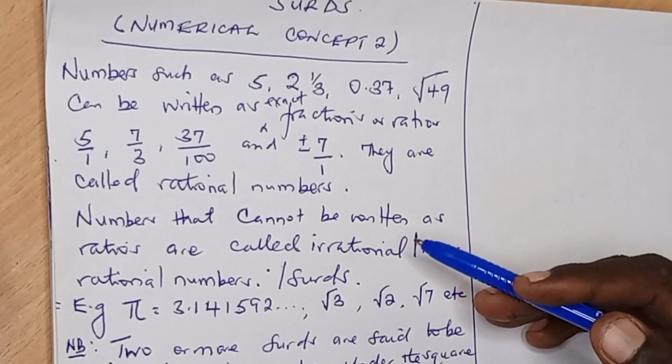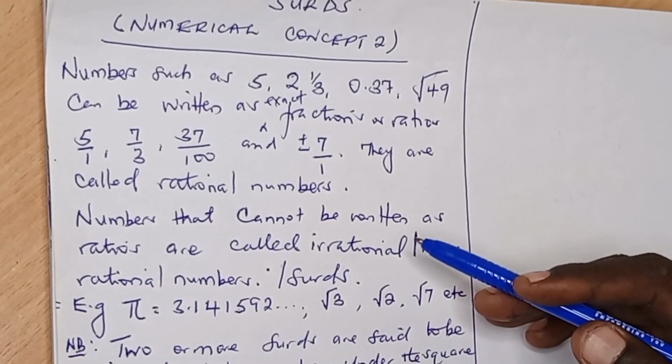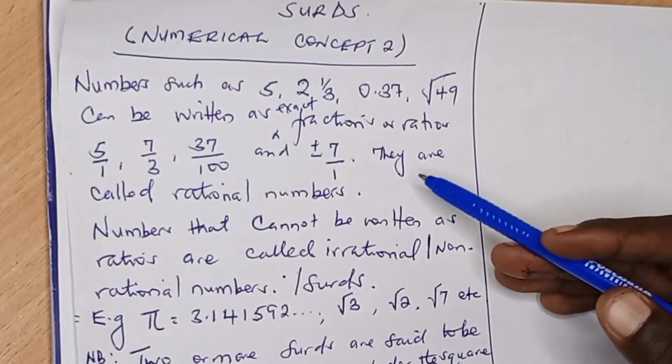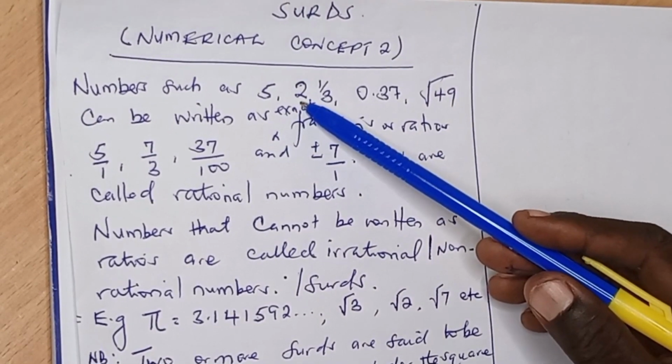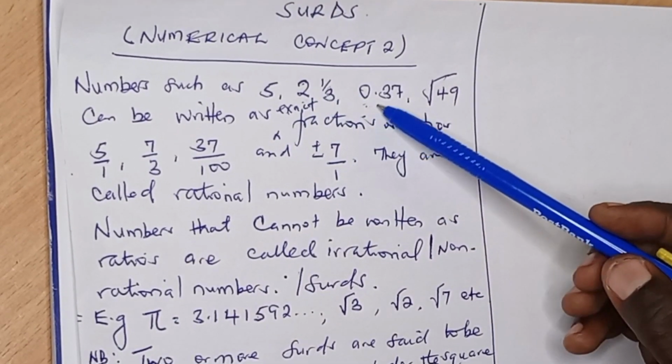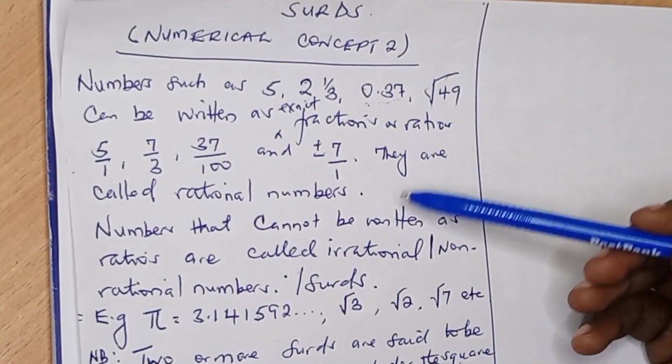When you look at examples of numbers that can be expressed as ratios, which we call the rational numbers, some common examples are 5, 2 and a third, 0.37, and the square root of 49.